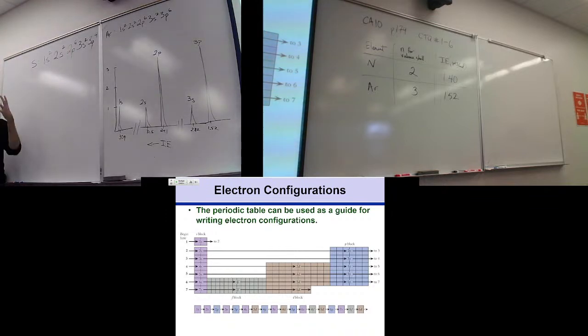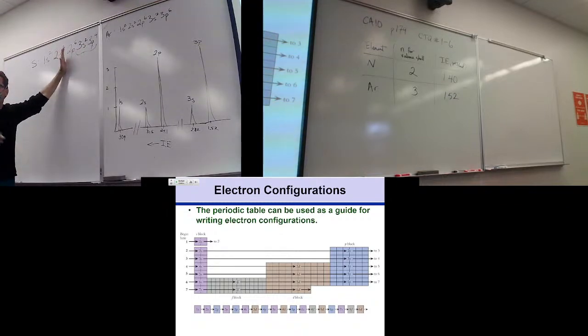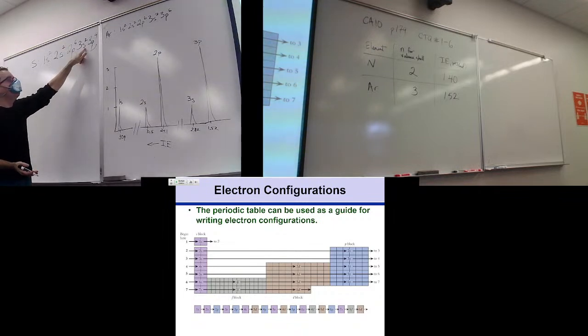So the inner electrons are all going to be in the lowest energy subshells possible. That's these. And our valence electrons, which is sulfur's got 6, it's in group 6. The valence electrons are going to be in the last outer shell, shell 3. But they're split up between the S subshell and the P subshell.